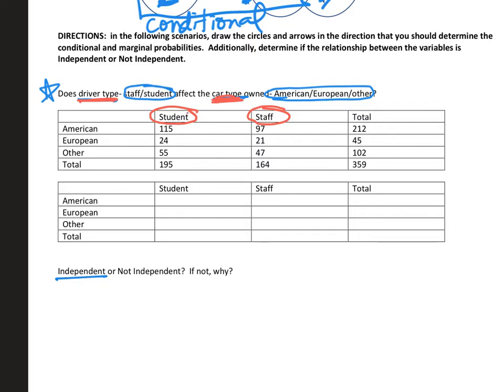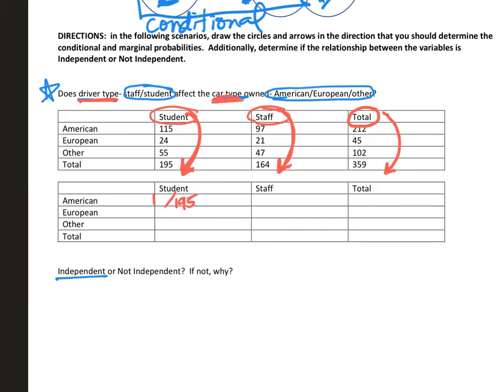So I'm going to draw my arrows down, away from that, across that column there. And then, of course, we'll have the marginal over here with the totals. So what that's telling me is that in each one of these here, 195 is my denominator.